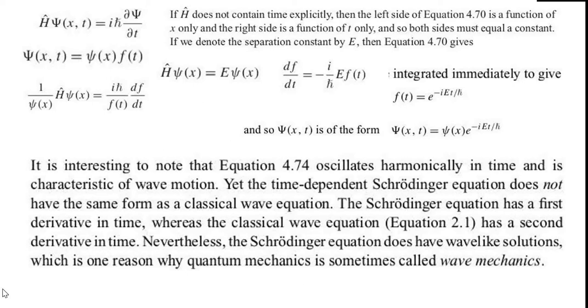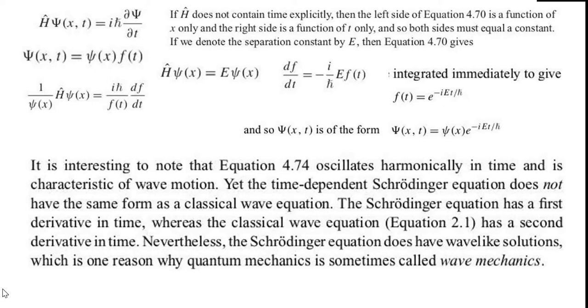The Schrodinger equation has a first derivative in time, whereas the classical wave equation, equation 2.1, has a second derivative in time. Nevertheless, the Schrodinger equation does have wave-like solutions, which is one reason why quantum mechanics is sometimes called wave mechanics. So as you read, both are talking about wave equations oscillating, but they are slightly different as well.